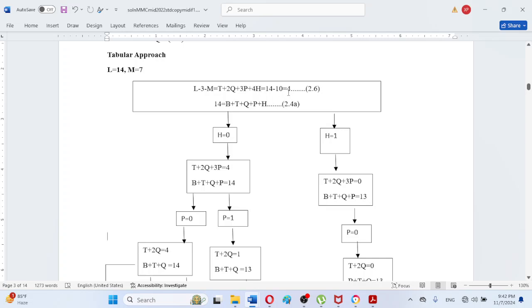As we can observe, on the right hand side is 4, so 4 minus 4 will be equal to 0. So t plus 2q plus 3p will be equal to 0, and the lower equation will change to b plus t plus q plus p plus h, where h is equal to 1, so 14 minus 1 will be equal to 13 in this manner.